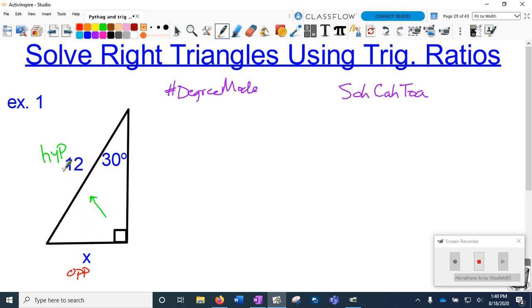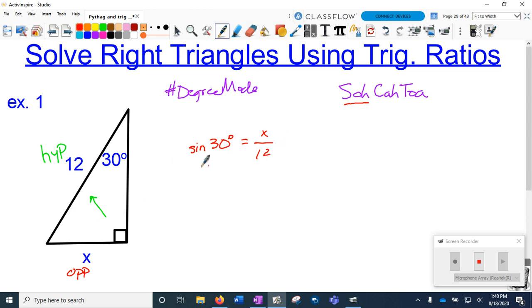We have the hypotenuse and we have the opposite. Hypotenuse and opposite are in the sine function. So we are going to set up our sine ratio. We're going to say sine of 30 degrees equals opposite, which is x, over the hypotenuse, which is 12.